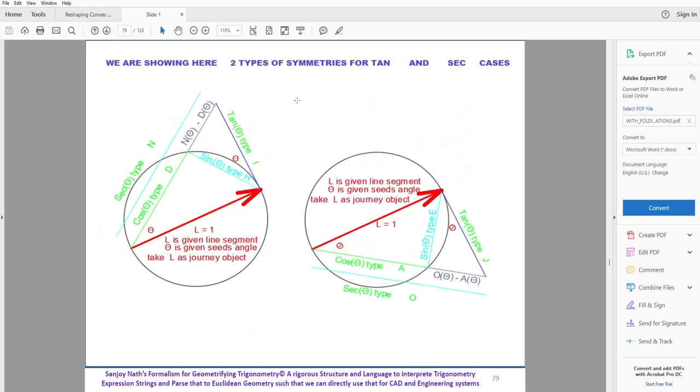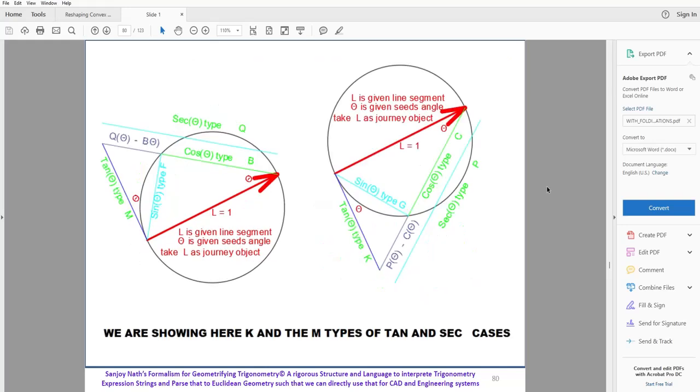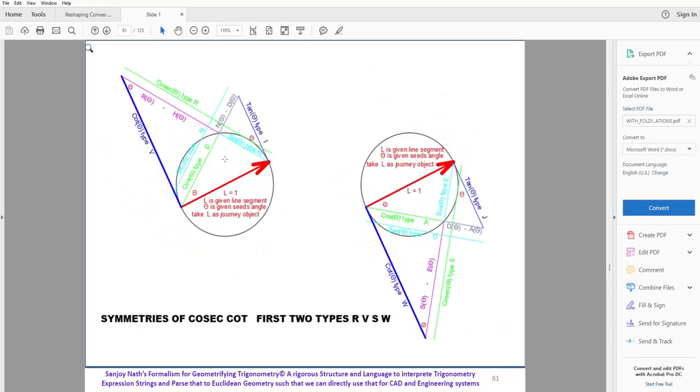Now here N, O, P, Q are the 4 types of sec theta, I, J, K, M are the 4 types of tan theta. And similarly for the cosec theta, cosec theta is the hypotenuse, which is a complement of the cot theta, and when L is given, then we get the cosec theta and cot theta in this way.